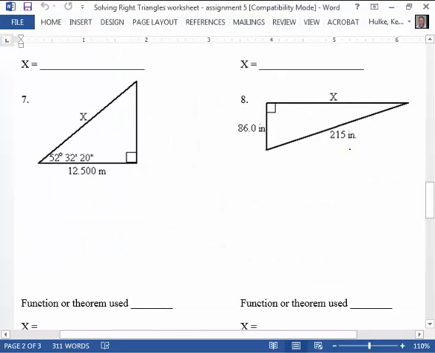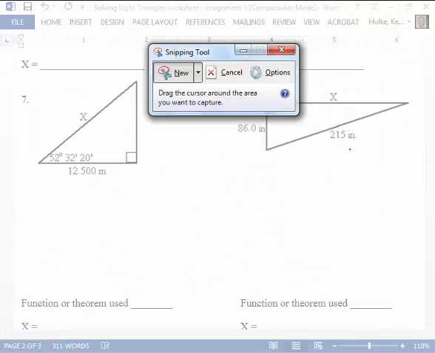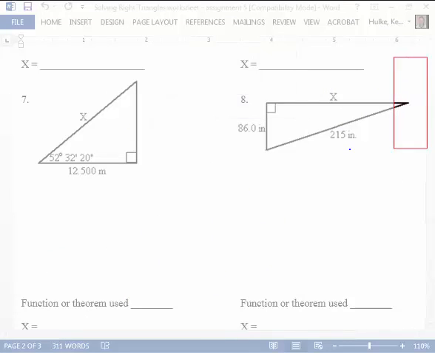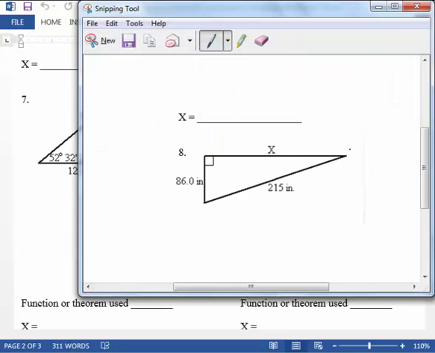Okay. So for this side here, we don't need anything except Pythagorean theorem. 215 squared minus 86 squared. And we need 3 sig digs.